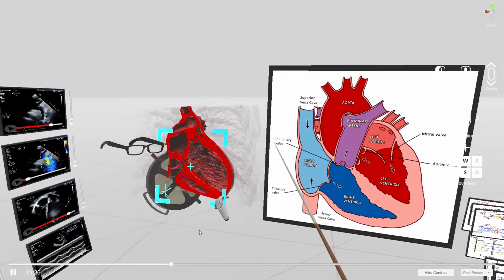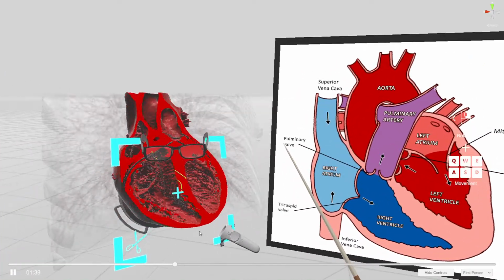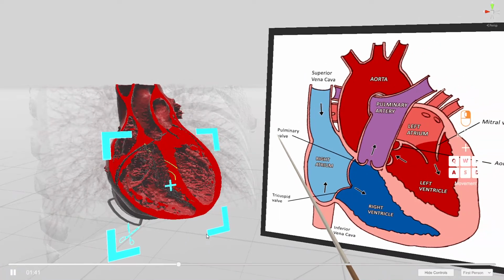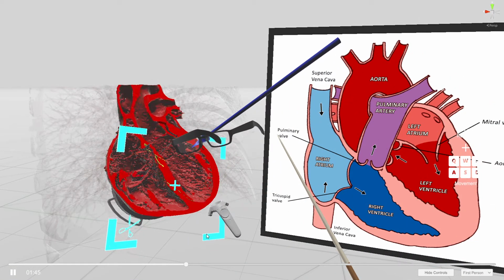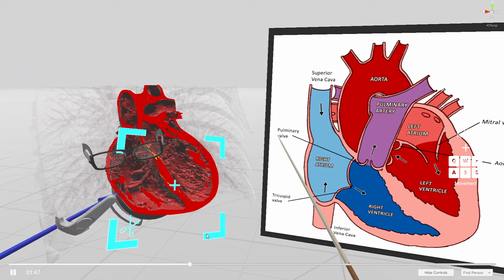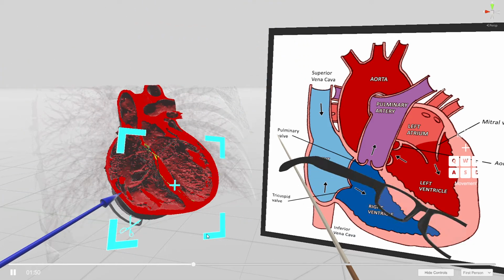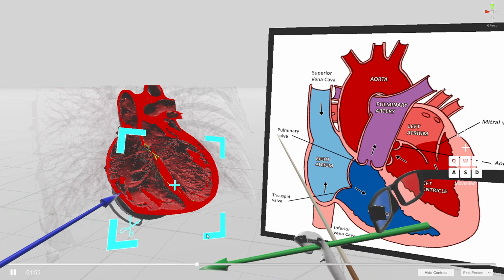When we review the anatomy here, I have several different annuli. The annulus is the location where the valves sit.